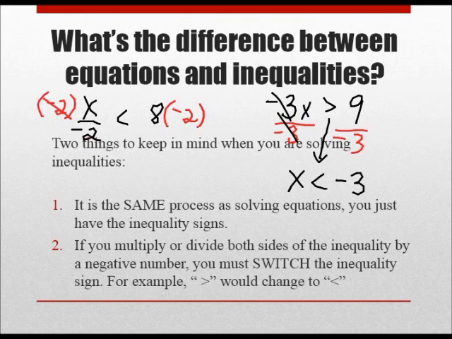So I have -2 divided by -2 is 1. Now I'm left with x. Now this sign is going to change to greater than -16. So you do everything else exactly the same. It's just if you multiply or divide by a negative number, you have to switch that sign.